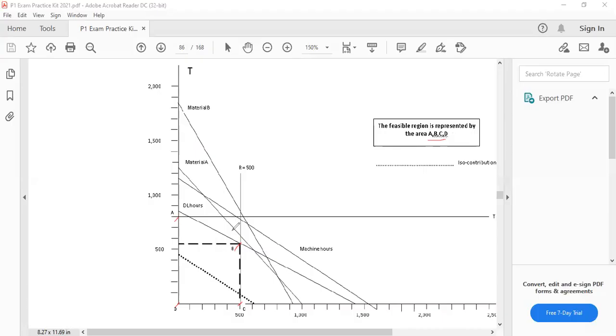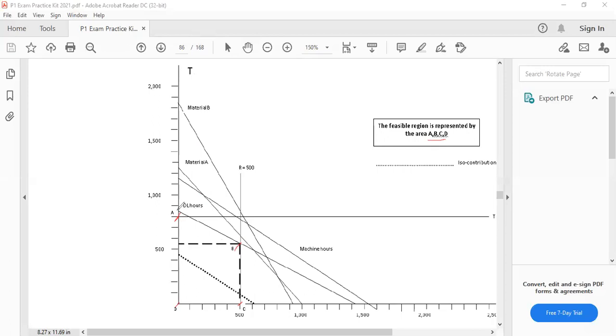So we don't have to do anything about it. They have shaded the portion and identified the feasible region as A, B, C, D. But there will be so many points in this entire region. The points created by the intersection of 2 lines will be 1 point. A is the intersection of a horizontal line and the y-axis.